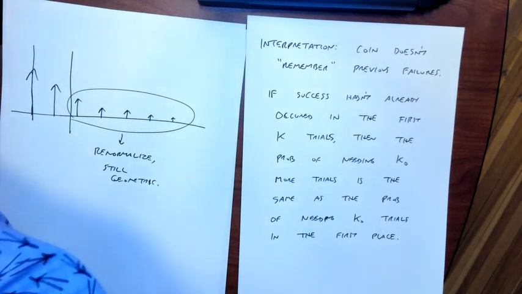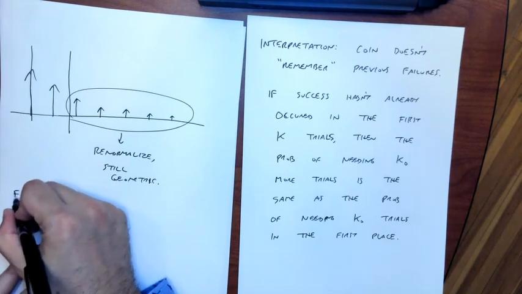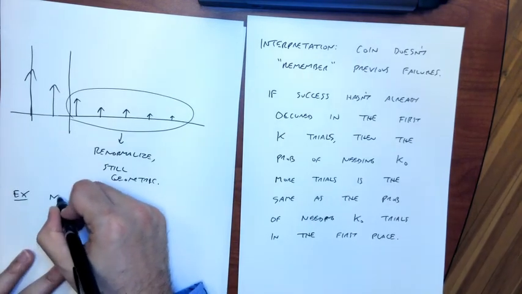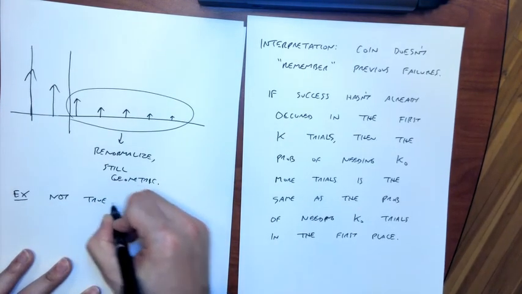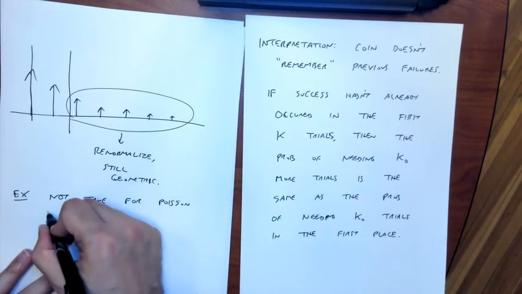Like if I look back at the example I did with the Poisson random variable, right? If I revisit, just draw it here, it's not true for this Poisson example.